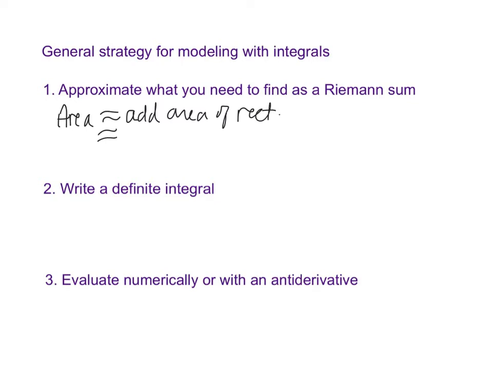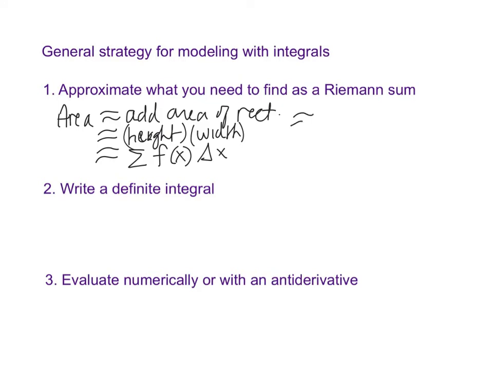And the area of a rectangle is height times the width of each one, right? And so if you wanted to add up all those areas, that would be the sum of the height, which is f of x, the y coordinate, times delta x, which is all the widths.